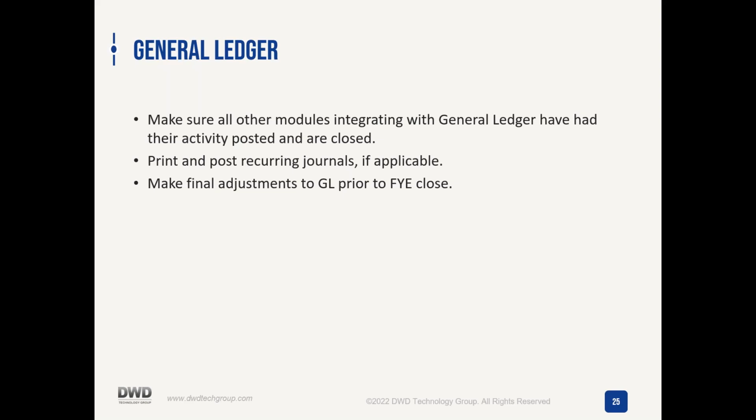If you've got recurring journals that are defined, you want to go ahead and post those. If you have manual entries that you need to process, often depreciation or other forms of adjusting entries, you certainly would like to get those in and ideally get them entered before you do your fiscal year-end close.